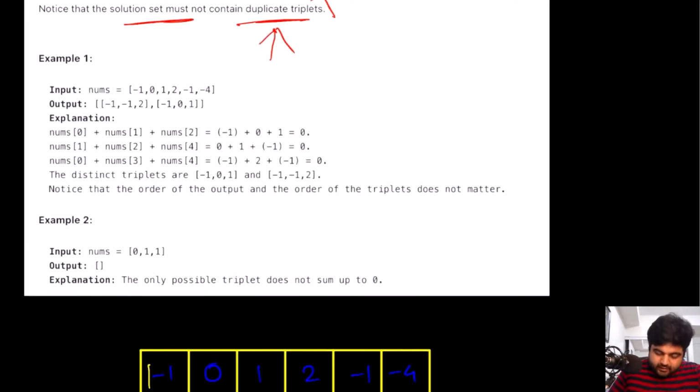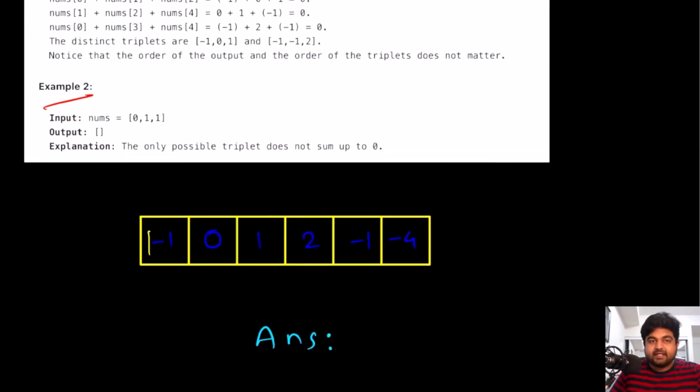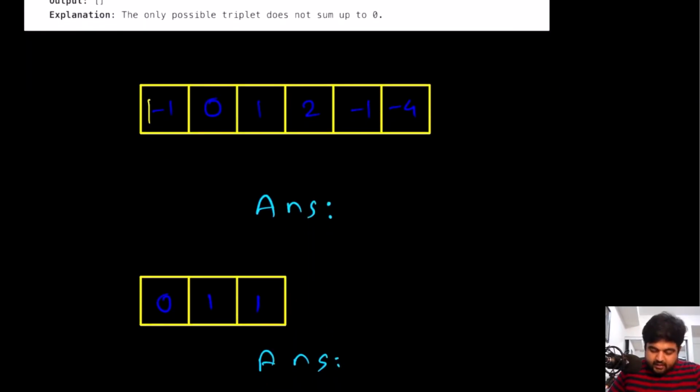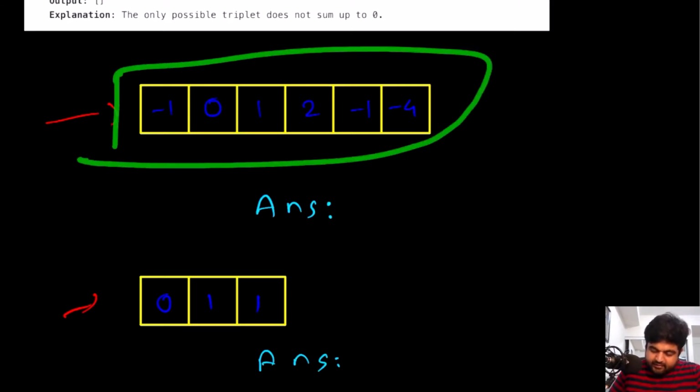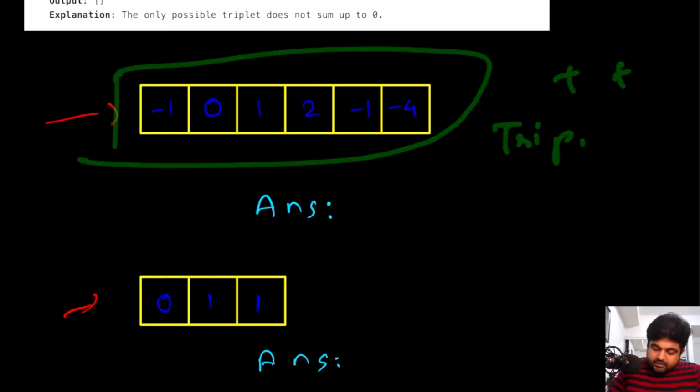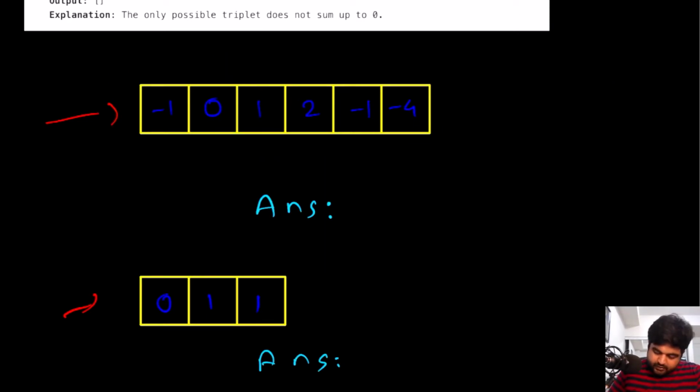Now let's try to understand this problem with a couple of examples that are provided over here, and I have actually broadened these examples. Suppose this is the input array nums we are given. We need to find the triplets such that the sum of each triplet is equal to 0. In this example, we can find the sum of these three values to be 0.